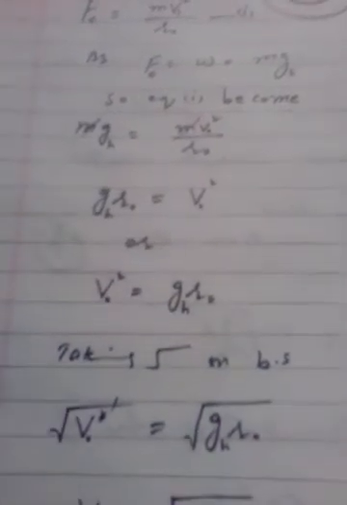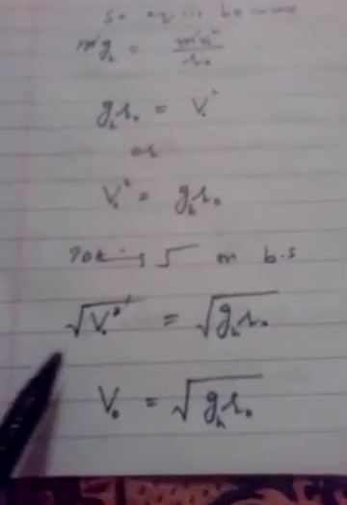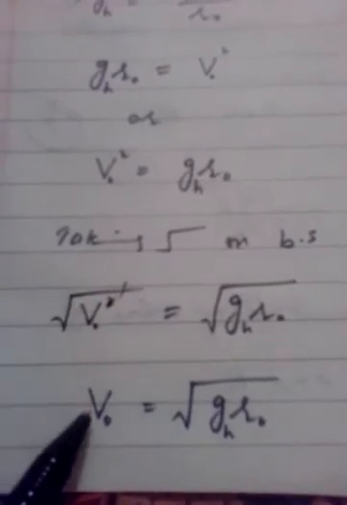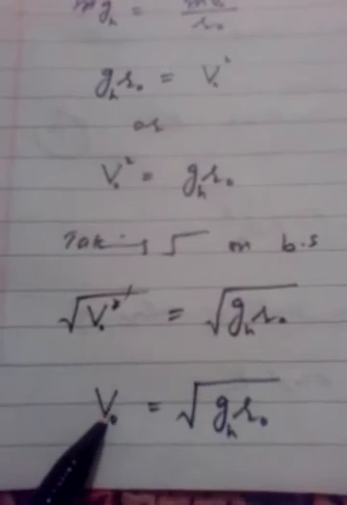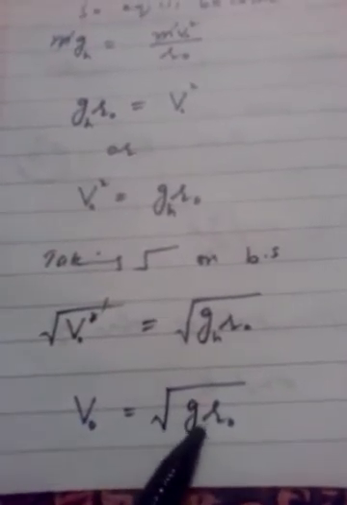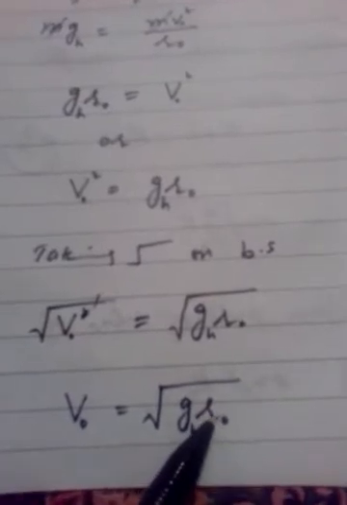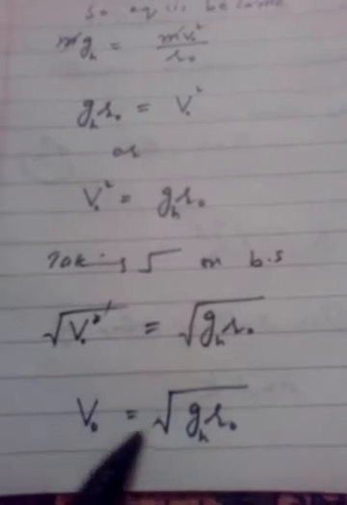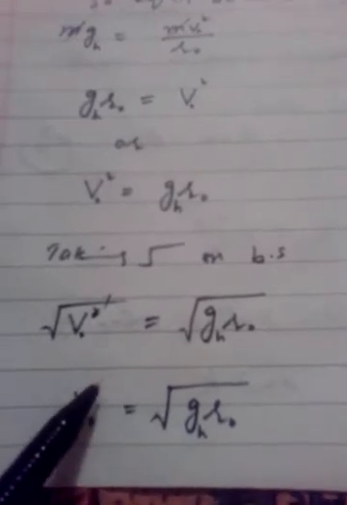If we take the root on both sides, then the square and root cancel each other, and the remaining part will be v naught equal to root g r naught. This is the formula of the orbital velocity of the satellite.